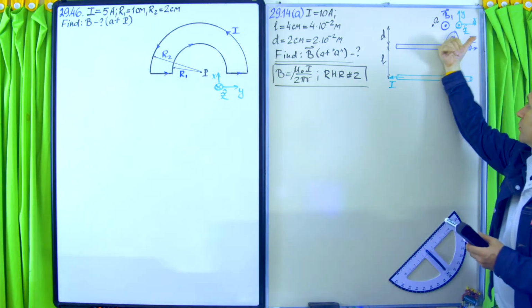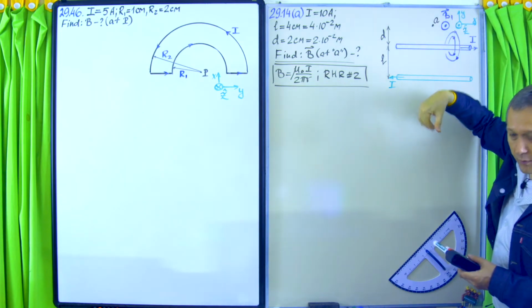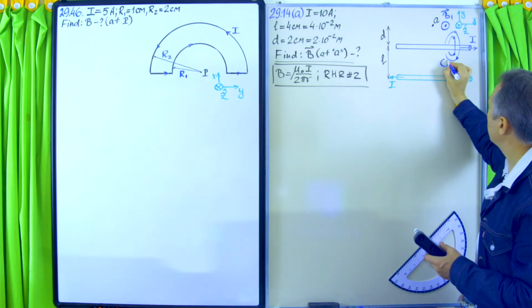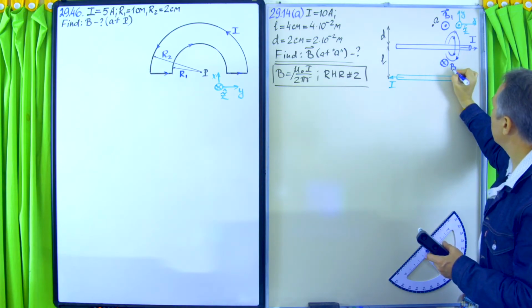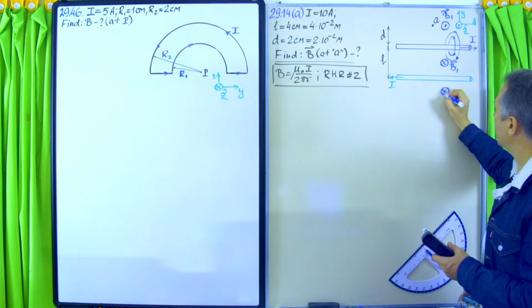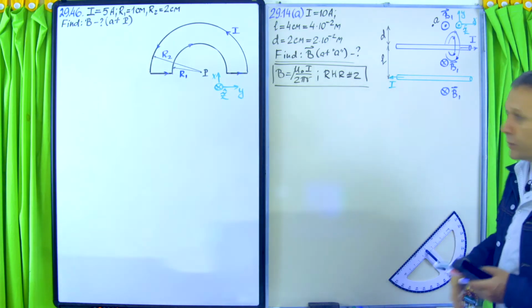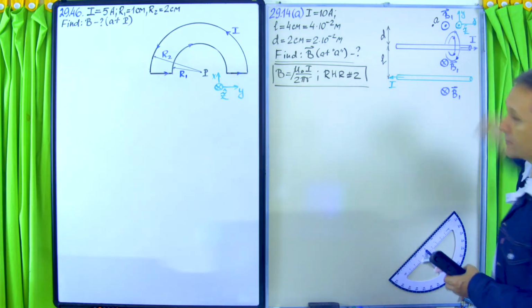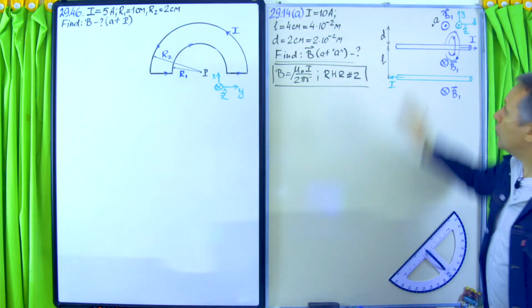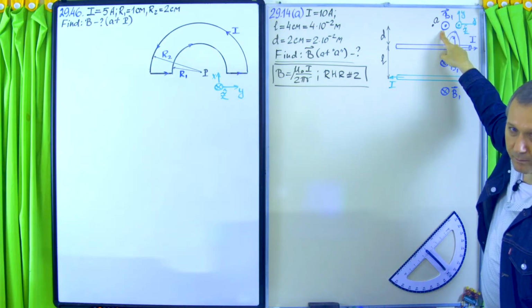Again, the same right-hand rule, but now the magnetic field is going to be into the board. So B over here is going to be that way. It's B1. And of course, below this green wire, it will still be B1, with that same direction, because if this is an infinitely long straight wire, the direction of the magnetic field below, all the way to infinity, will be represented by dots.